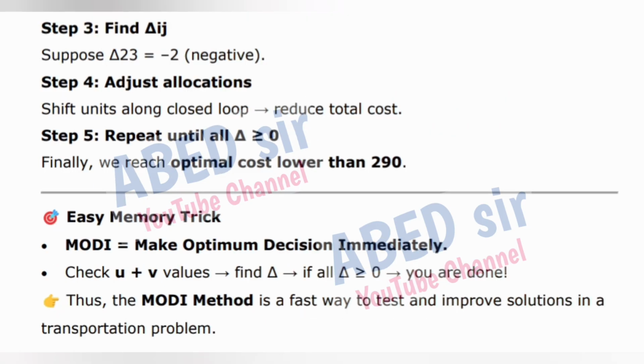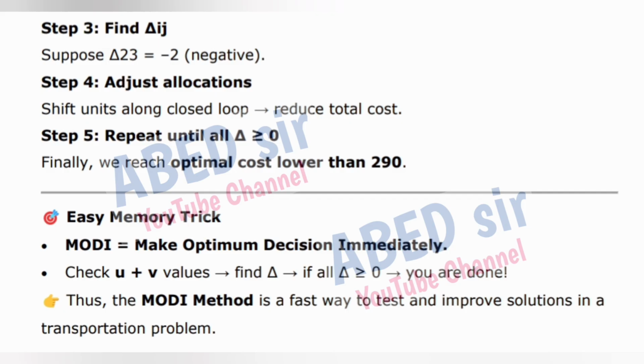Step 3. Find delta ij. Suppose delta 23 is equal to 2, negative. Step 4. Adjust allocations. Shift units along closed loop, reduce total cost. Step 5. Repeat until all delta are greater than or equal to 0. Finally, we reach optimal cost lower than 290.